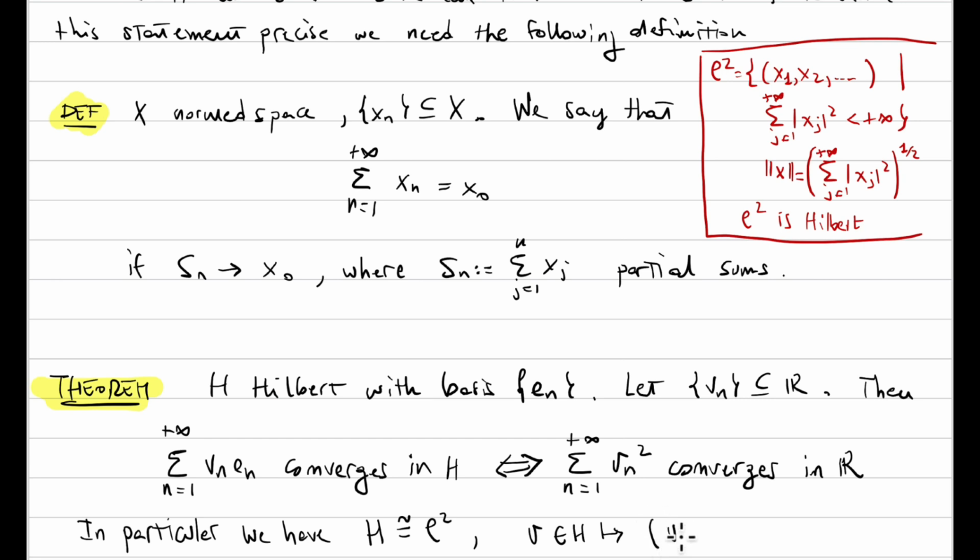So let's write it like this: v_1, v_2, v_n, etc.